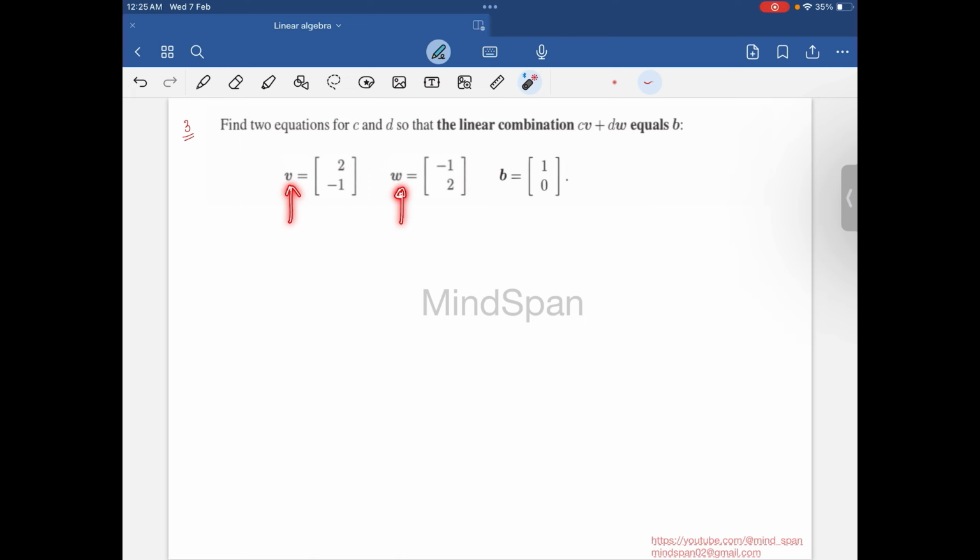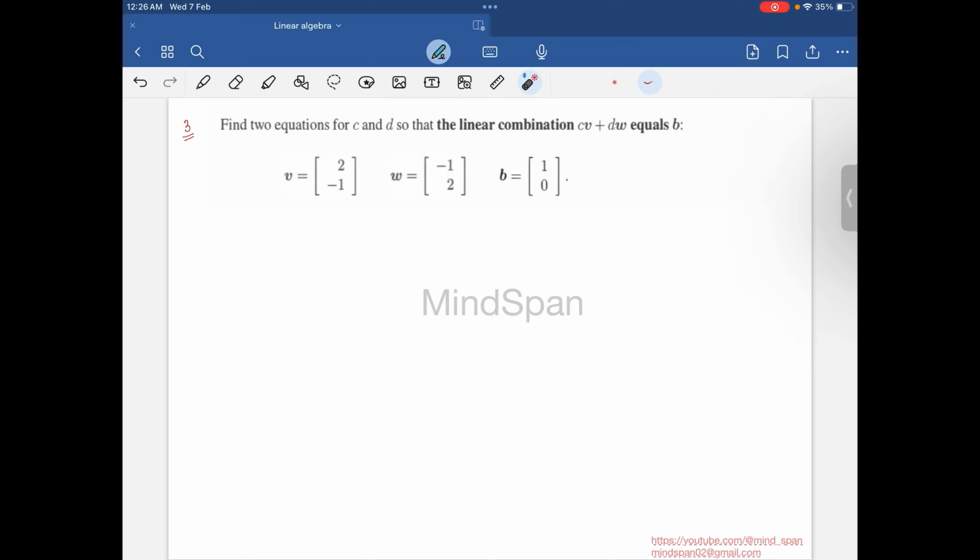I mean to say that you have to find a single value of c and d such that with that particular value you will be getting this vector, right?